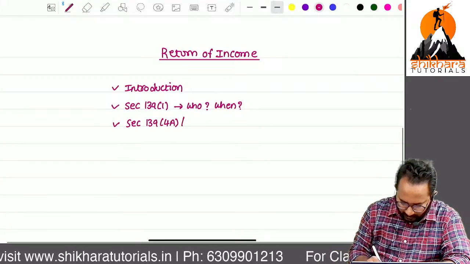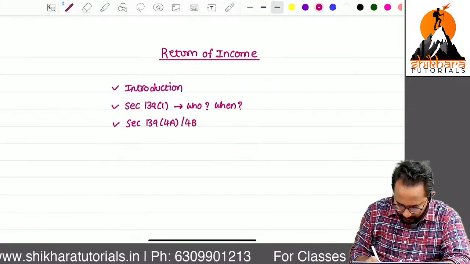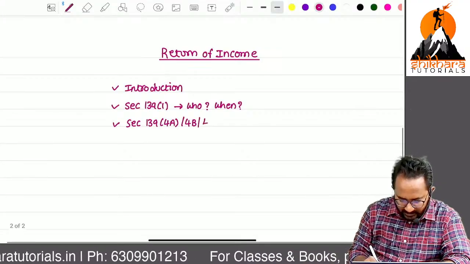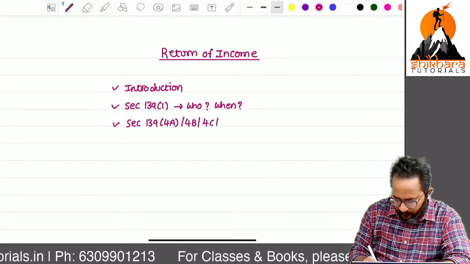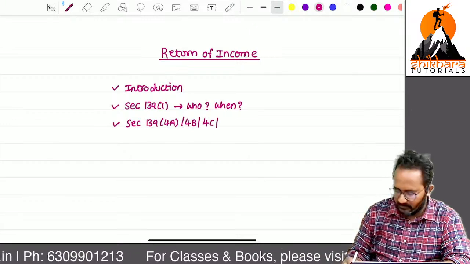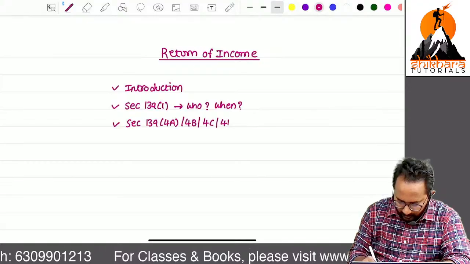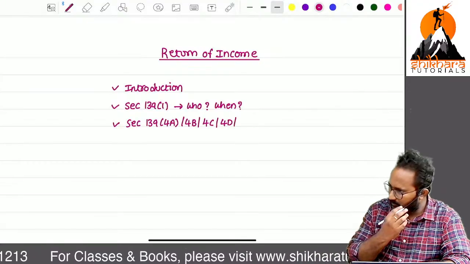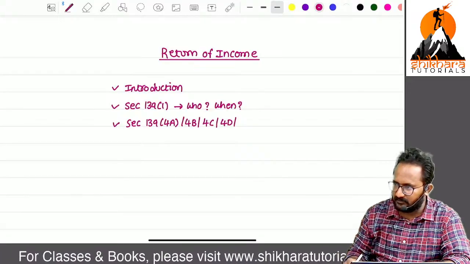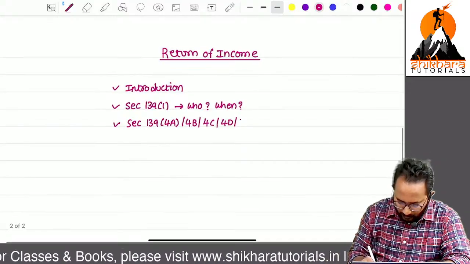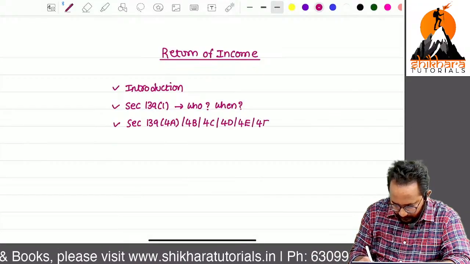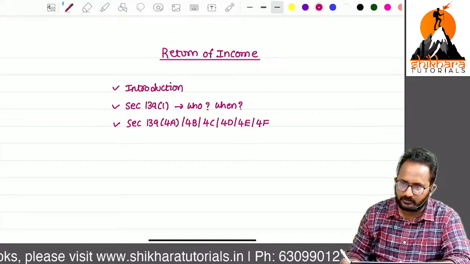Next 139 4B, political party. 139 4C, research association. 139 4D, universities, institutions under section 35 and colleges. 4E, business trust. 4F, investment fund.